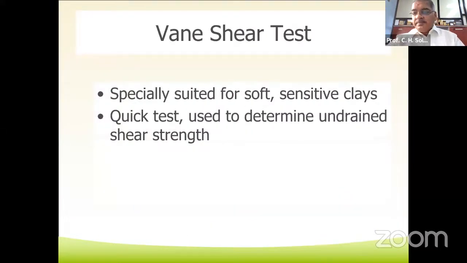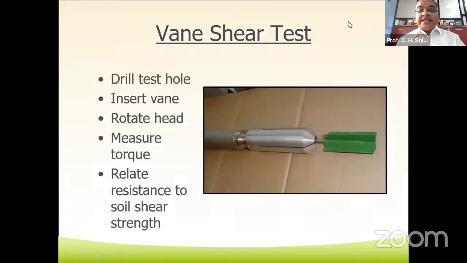Next is the vane shear test, which is specially suited for soft sensitive clay. It is a quick test used to determine the undrained shear strength. The test is particularly preferable in soft clay or marine clays. The test has to be conducted in the test bore.